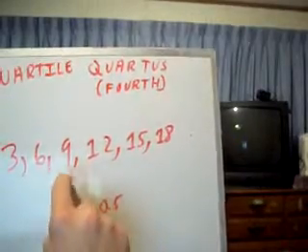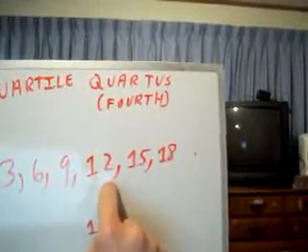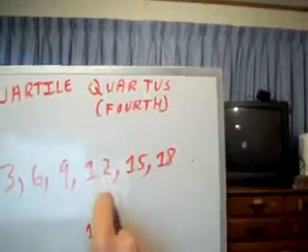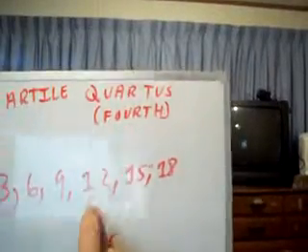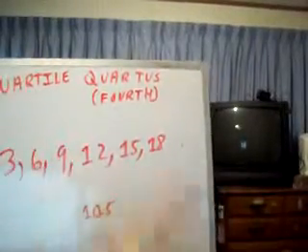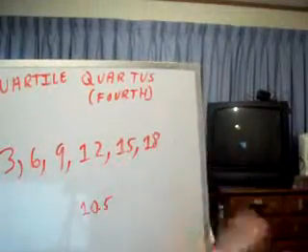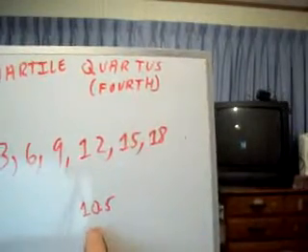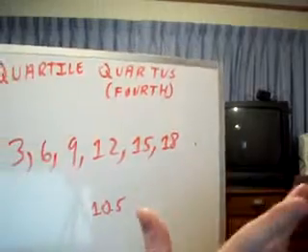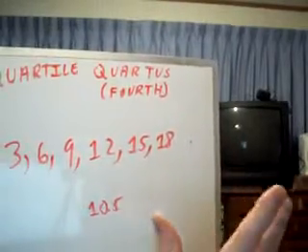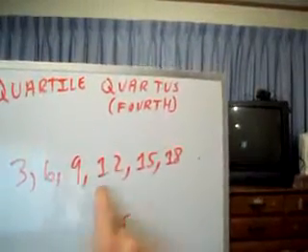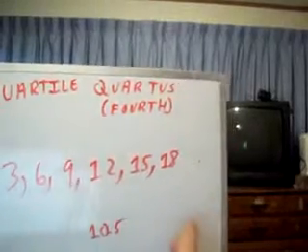Okay. 12 plus 9 is 21. How do we know this? Because 12 plus 10 is 22. You subtract 1, it becomes 21. 21 divided by 2 is 10.5. Go ahead, use your calculator. You'll find out. Alright, so we know what the median is of this data set right here.